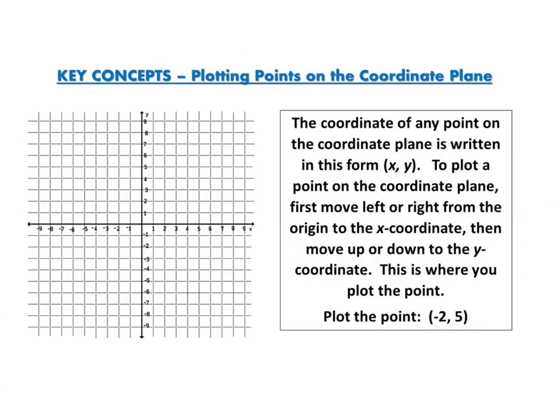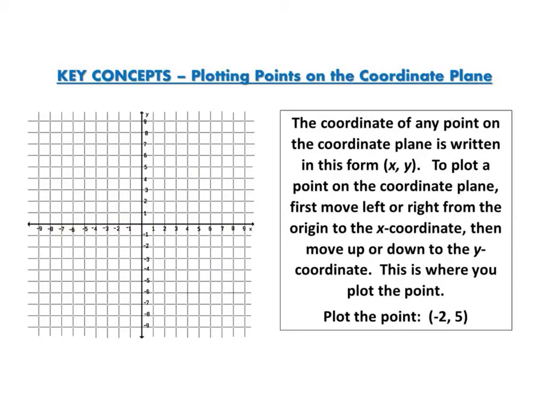The coordinate of any point on the coordinate plane is written in this form, x, y. To plot a point on the coordinate plane, you would first move left or right from the origin, and then up or down from wherever you fell on the x-axis.